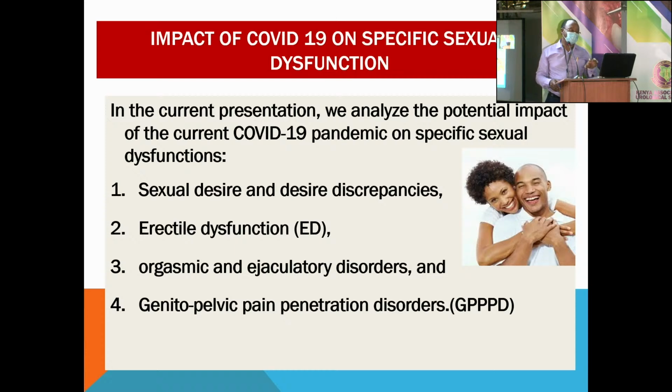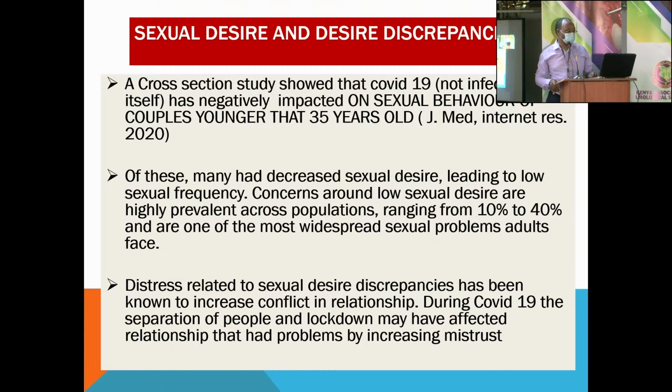Basically this was a decrease in their sexual desire, leading to a lot of issues in their relationship. And as you know, the issue of sexual desire and sexual discrepancy is what brings many people for psychological support in a clinic. So you'll see people saying, I have the desire, you don't have the desire, you seem to have given up, and some of these complaints make people come. So it was noted during this particular period that some people tend to have decreased desire.